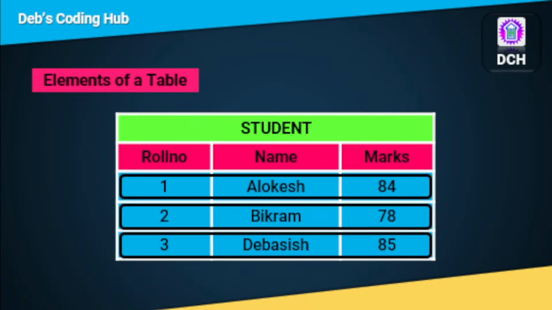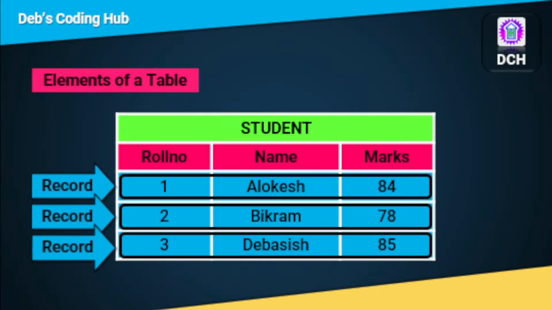So every row represents data of one student. Let us see the first row. Here the roll number is 1, name is Alokesh, and marks is 84. This is the information of a student. This is called a record. So these three are the records, or information, of 3 individual students.